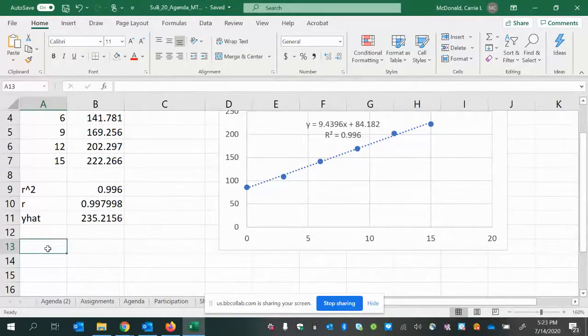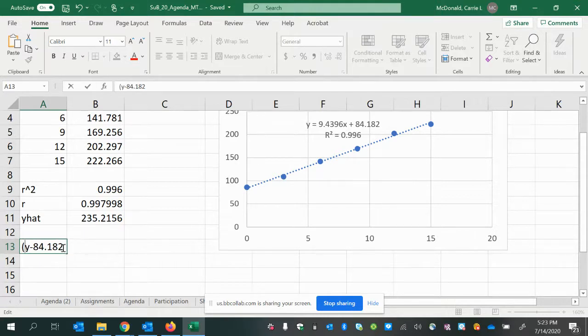Subtract 84.182. Yes, so y minus 84.182. And then what would you do next? Divide 9.4396 by both sides.